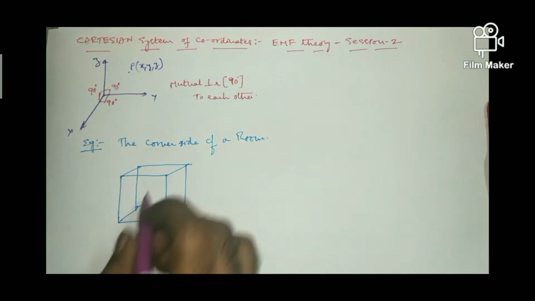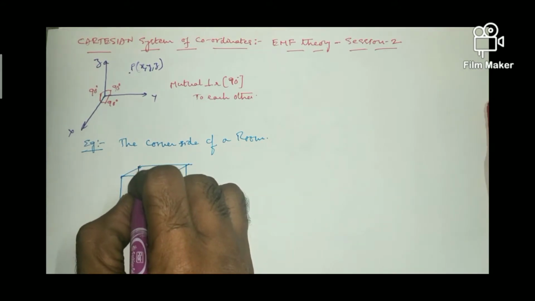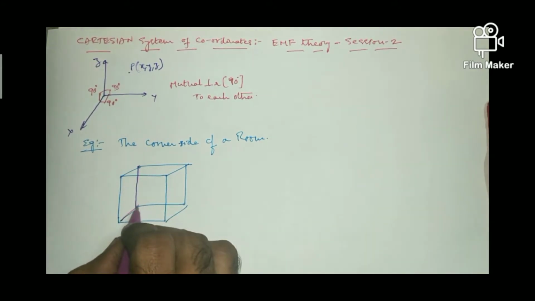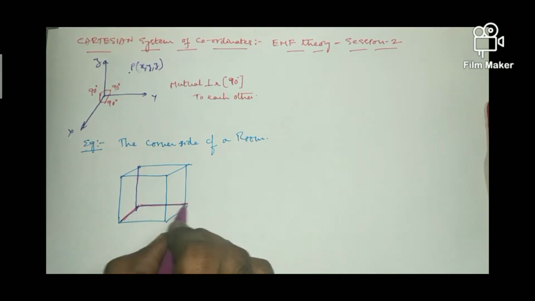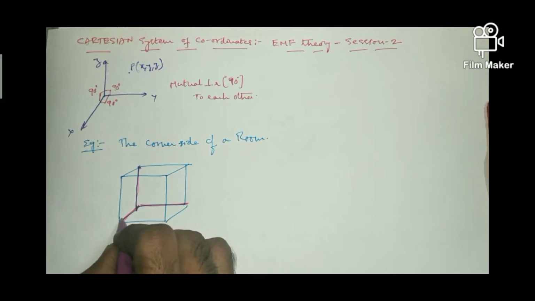See the corner, which is going to be represented by the purple line, that is x-axis, and this is y and this is z.